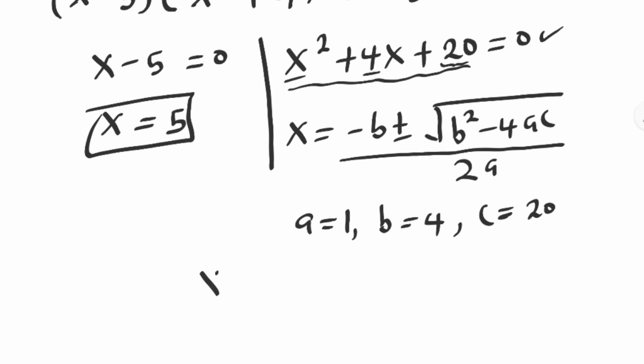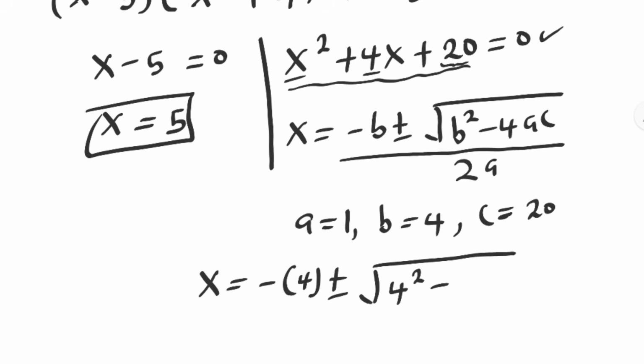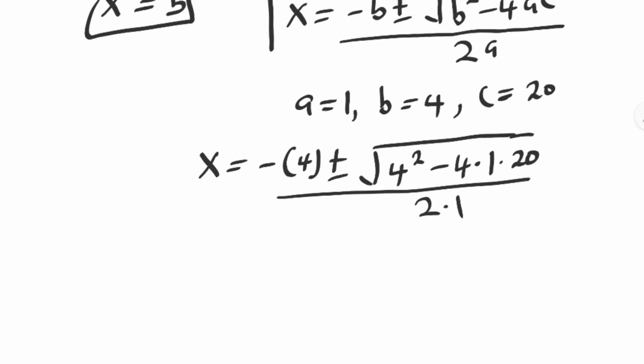Then s is equal to minus bracket 4 plus or minus square root of 4 square minus 4 multiplied by 1 multiplied by 20 over 2 multiplied by 1.